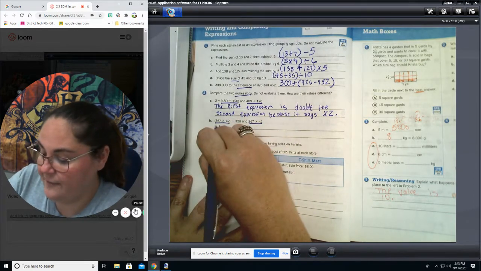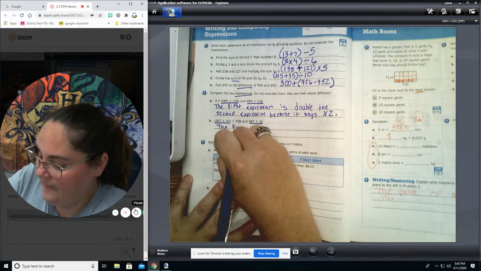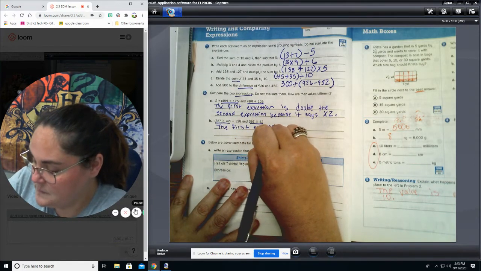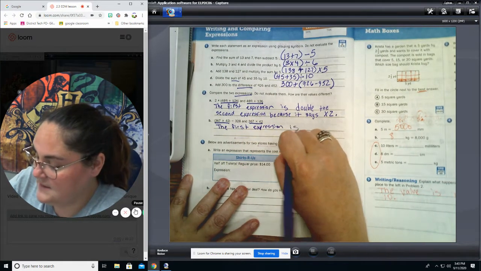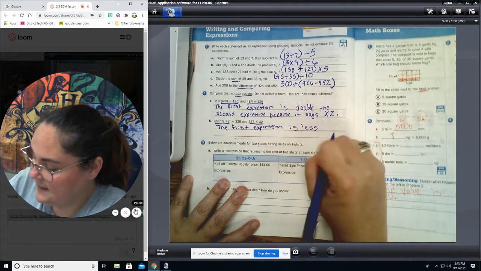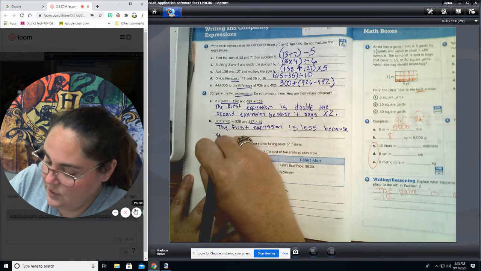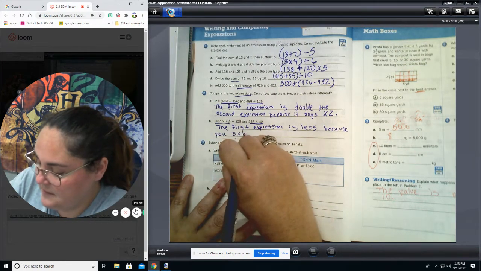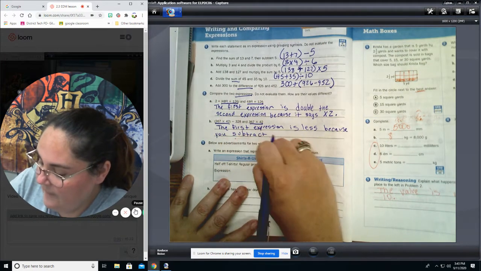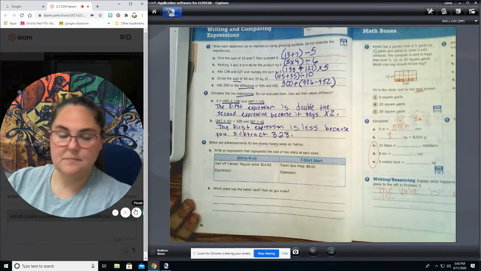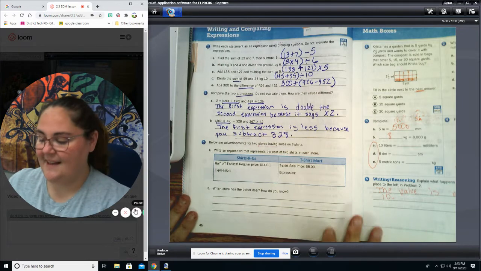I would write the first expression is less because you subtract 328. That's how you do that problem.